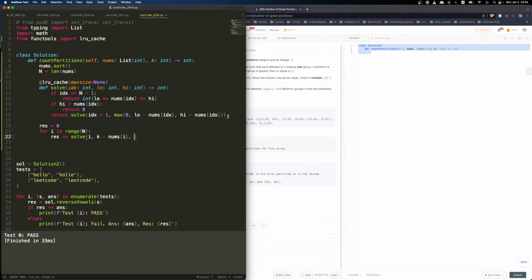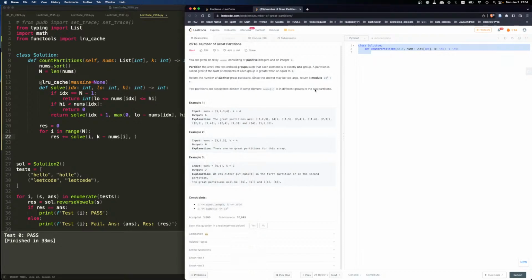So nums I plus whatever we find should be larger or equal to k. So k minus nums I is smaller or equal to this.